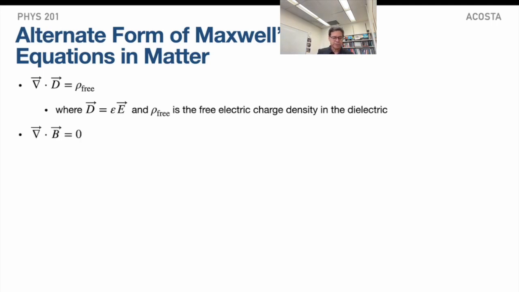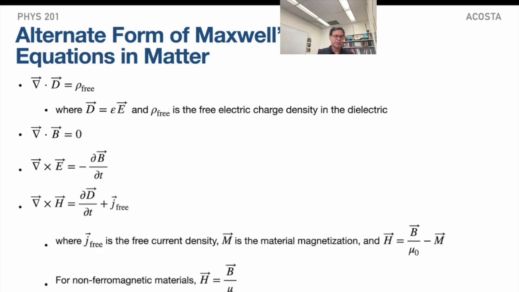We still have that the divergence of B, the magnetic field, is zero. The curl of E is also still minus dB dt, the negative time derivative of the magnetic field. And then we can introduce the H field, where the curl of H is equal to the time derivative of the displacement field D, from the electric field side, plus any free current densities.